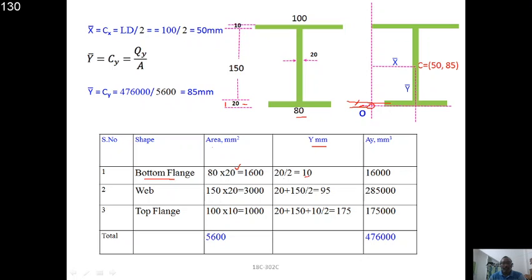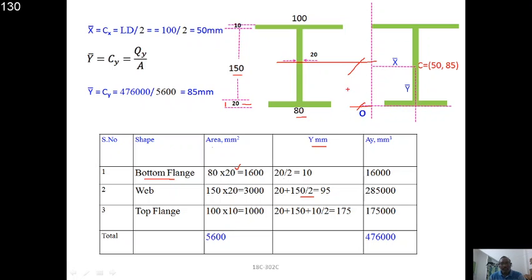Similarly for the web portion, we need to take the midway of the web portion, up to the mid portion. So this distance is 20 plus 150 by 2, therefore you get 95.